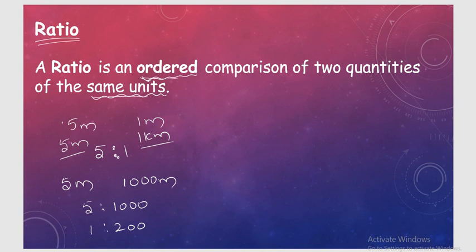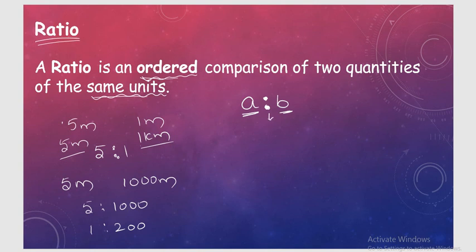In general, a ratio is represented by A:B, and we need to read it as A is to B. Here A is the first term, B is the second term, and to compare them we use this symbol, which represents "is to".